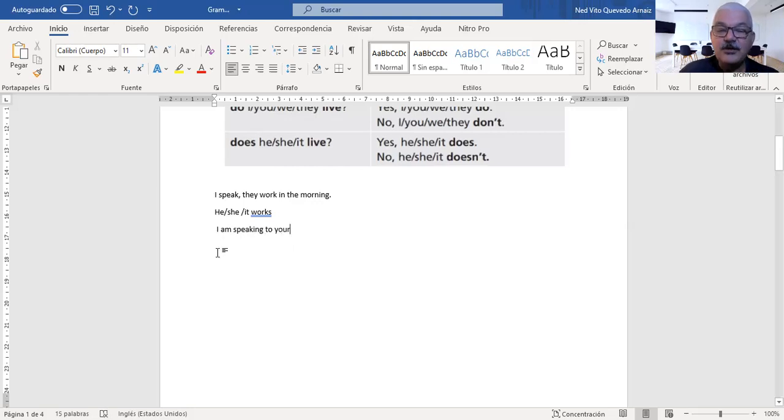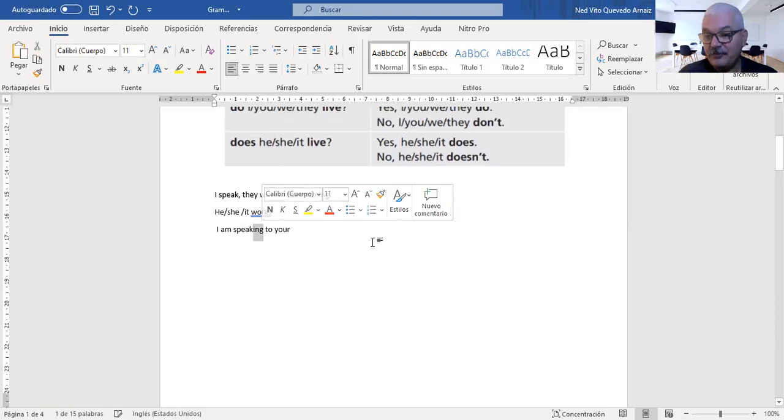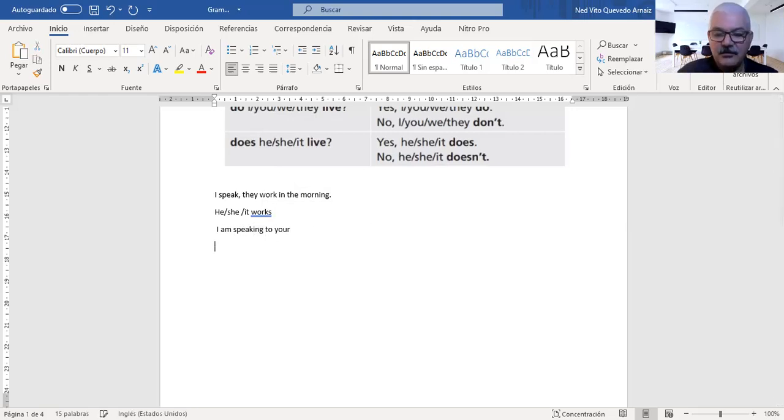Notice that for this form of the present, the continuous, we use the form of the verb be together with ing added to the main verb, okay? In this case, we say, I am speaking to you. He, in this case, will use another form of the verb be, he is, okay?